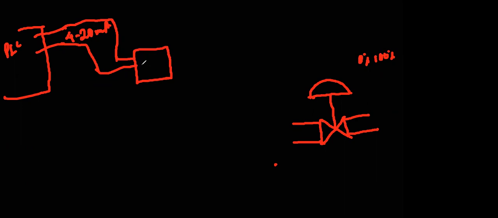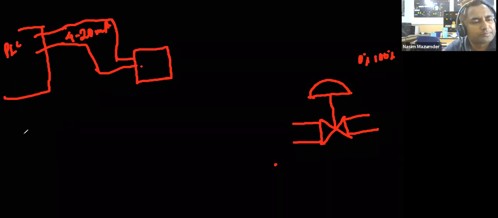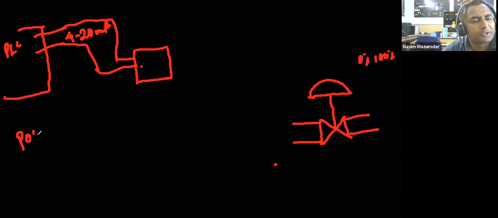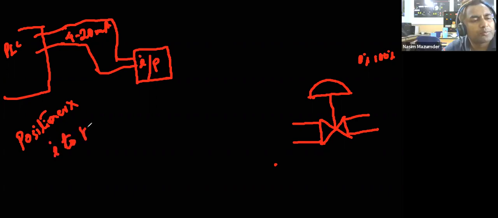Electro-pneumatic... What is the name of this? Positioner? No. Positioner is a different thing. This is not a positioner. It is your I2P converter. It is a converter, not a positioner.